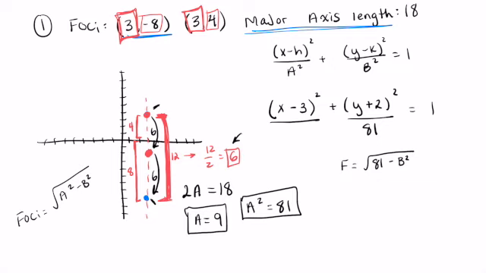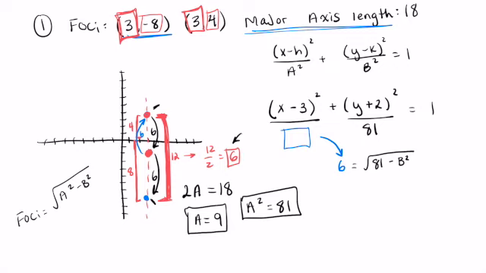And how do I find this distance right here? Well, remember, I plot my foci by moving a distance of f from the center. What's the distance from the center to my foci? It's 6. So I just plug in that distance from my center to a foci into this equation, and I'm solving for b squared so that I can plug that in right here.